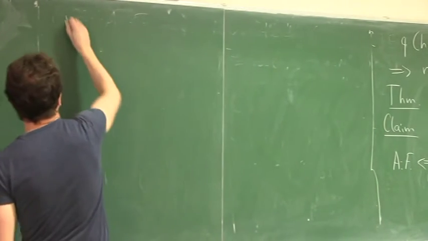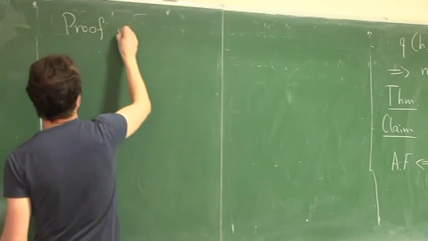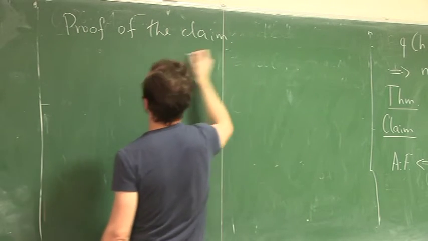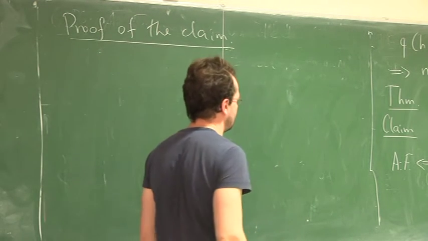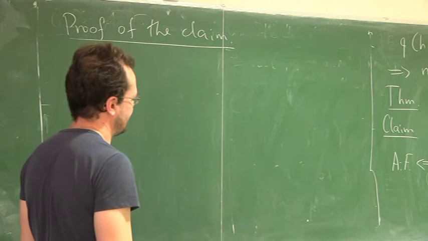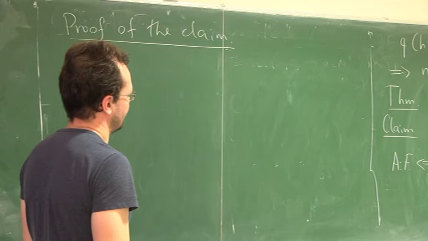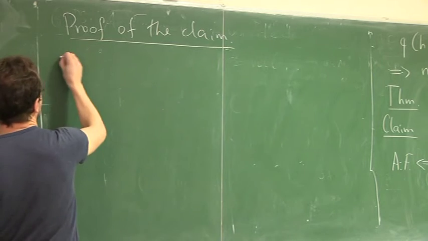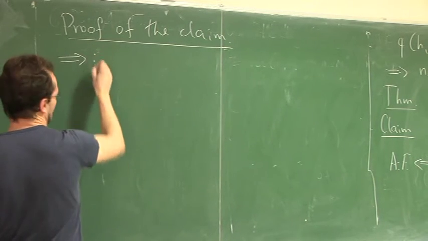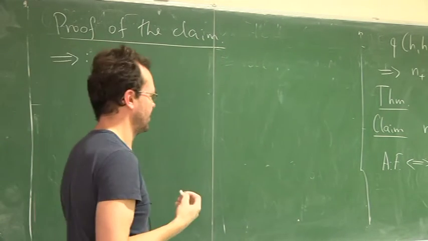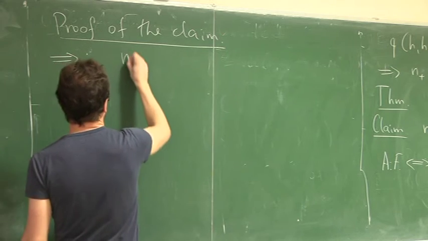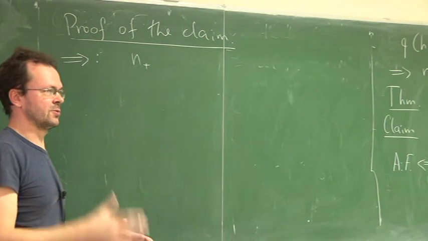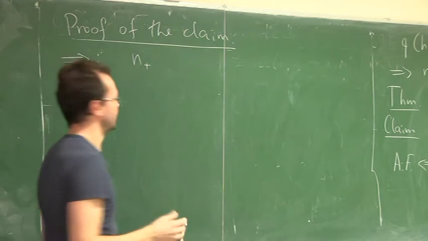So, proof of the claim. Good. Let us go in this direction. Assume we know that n plus is equal to 1. What is actually n plus? n plus is the maximum dimension of a subspace on which the quadratic form is positive definite.